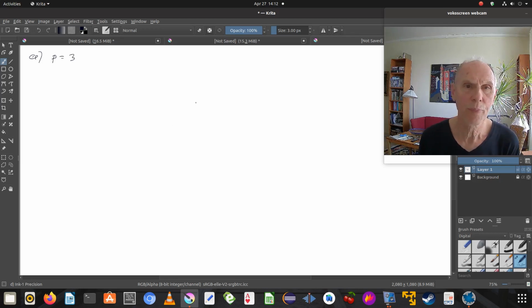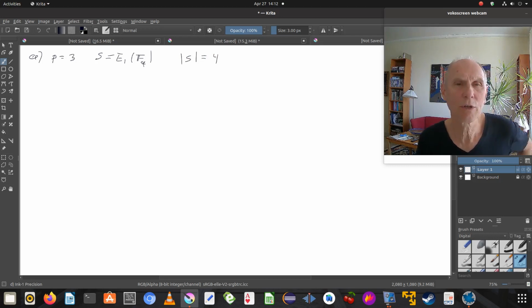The elliptic curve we just call S. I'll use that as a general notation. The order of S is 4, and it contains the unit, of course, and then the 4 points of order 2.